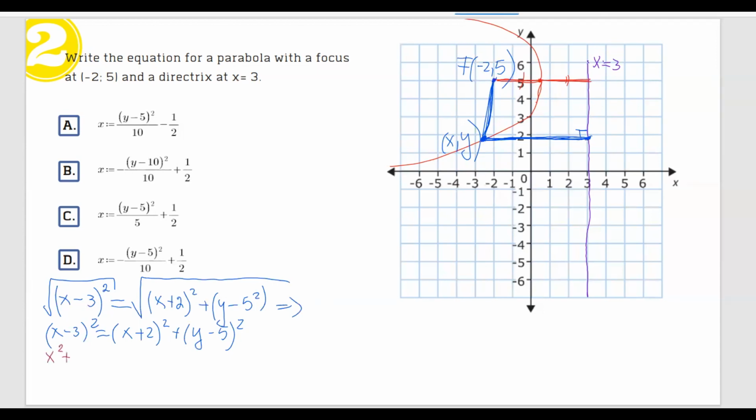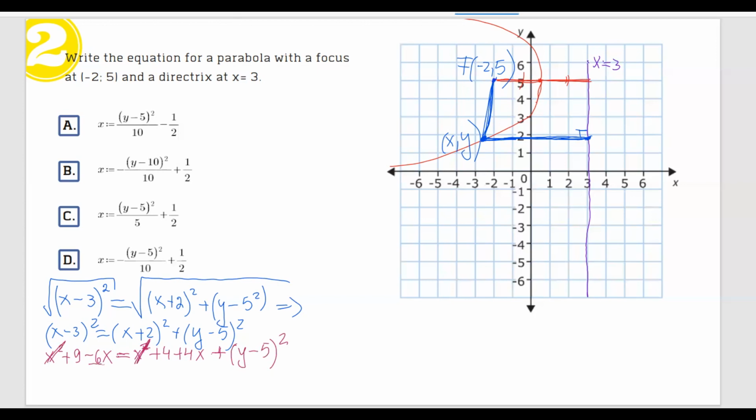x squared plus 9 minus 6x equals x squared plus 4 plus 4x plus (y minus 5) squared. And looking at both sides, the x squared terms are going to cancel each other out.